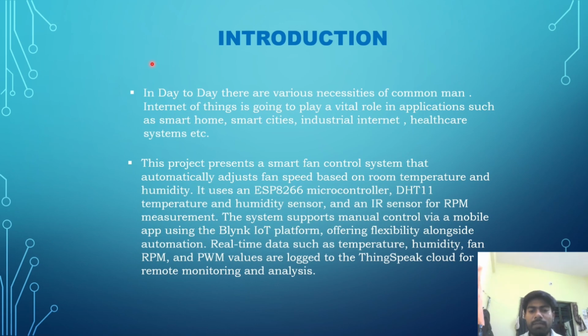The system supports manual control via a mobile app using the Blynk IoT platform, offering flexibility alongside automation. Real-time data such as temperature, humidity, fan RPM, and PWM values are logged to the ThingSpeak cloud for remote monitoring and analysis.